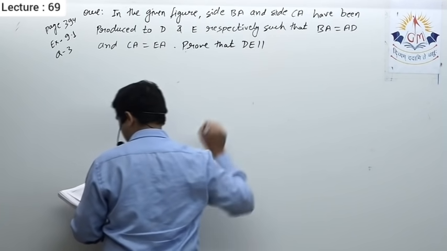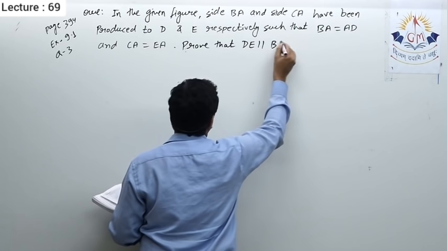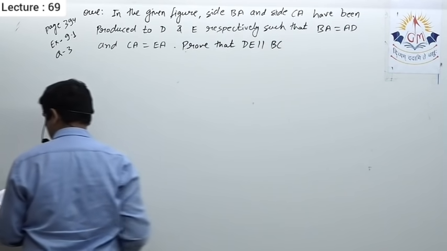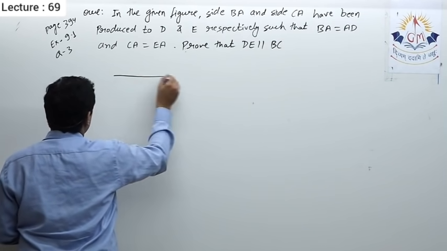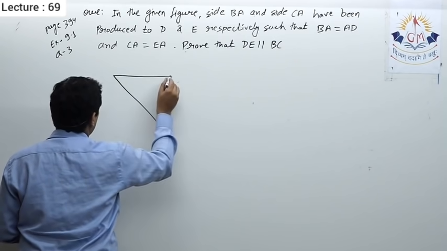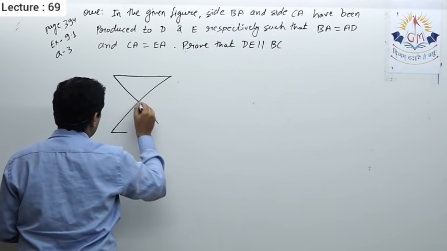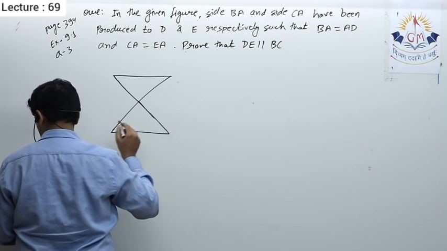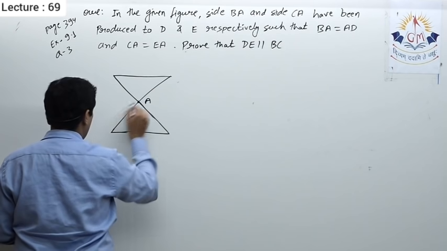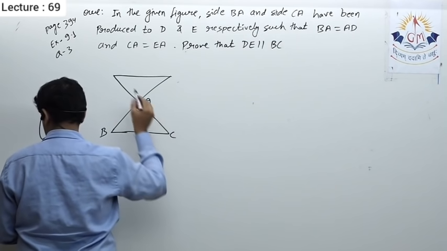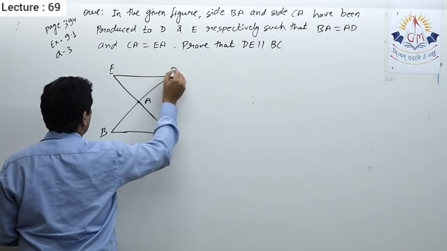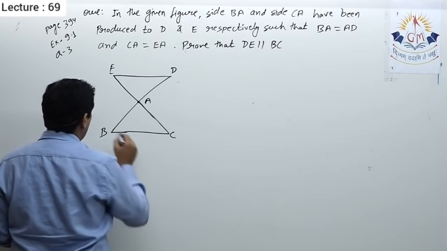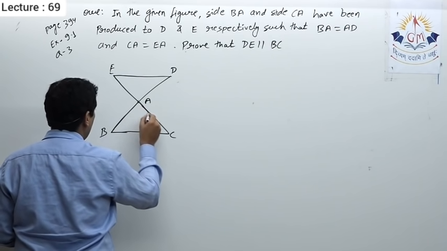DE is parallel to BC. The diagram is given in the question, so something like this is the diagram. It is A, B, C, E and D. Actually this is the triangle ABC.